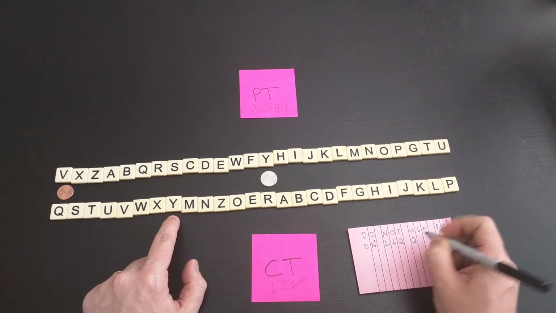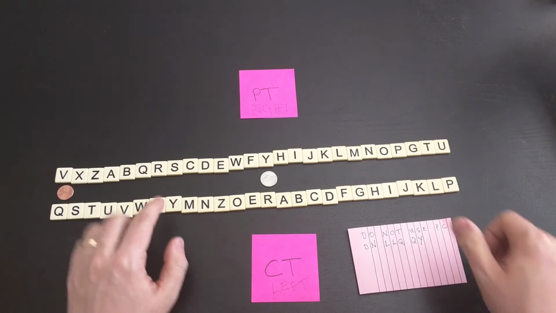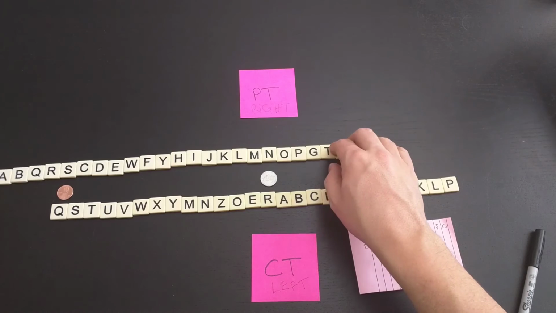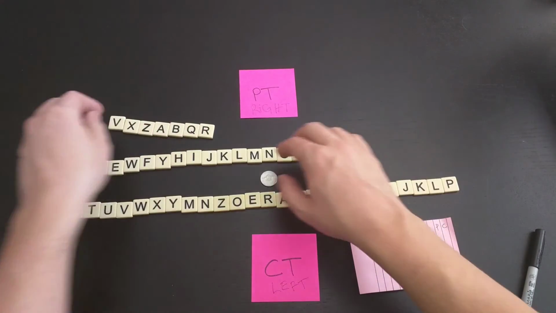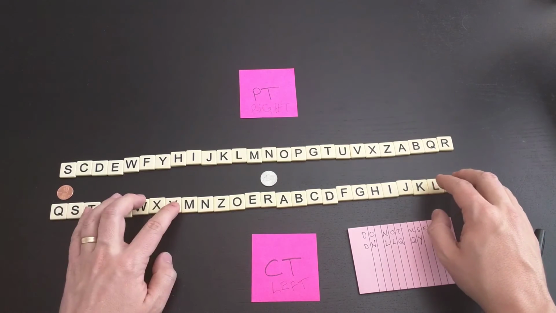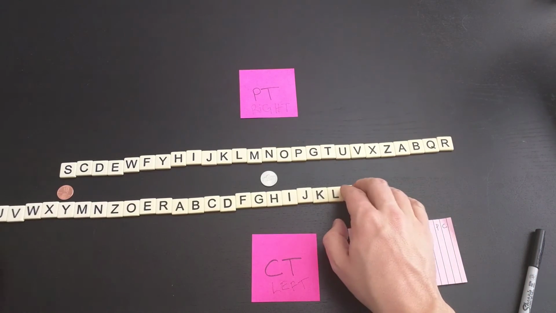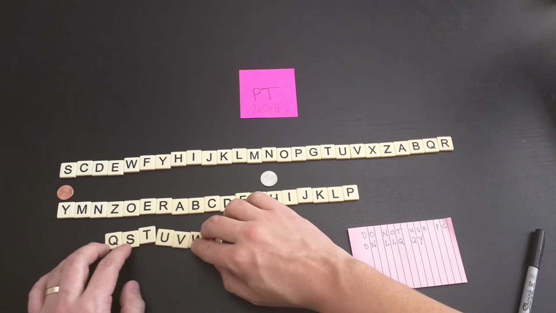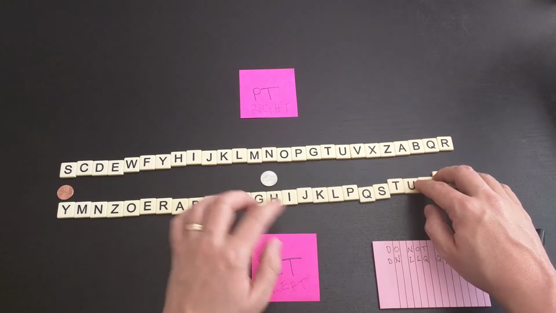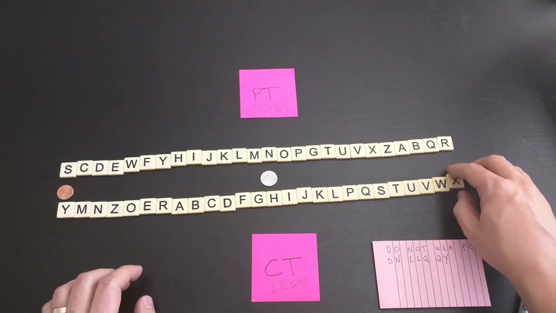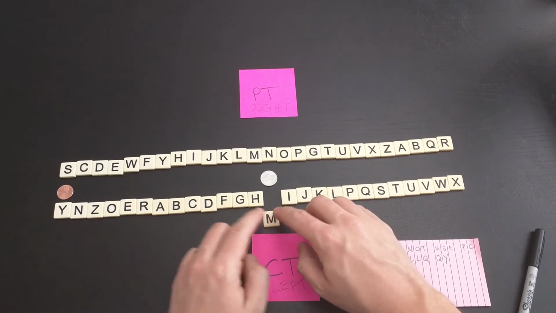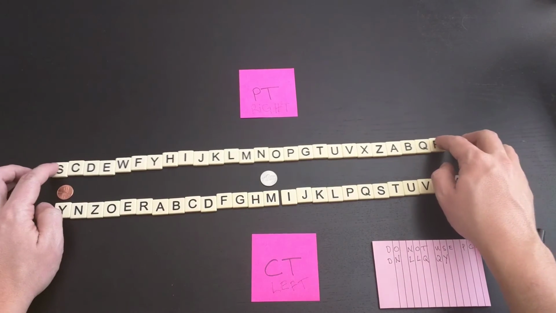S maps to Y. Now I need to permute or rotate, rather, the right alphabet. Then rotate the left alphabet. Okay. Permute the left and permute the right.